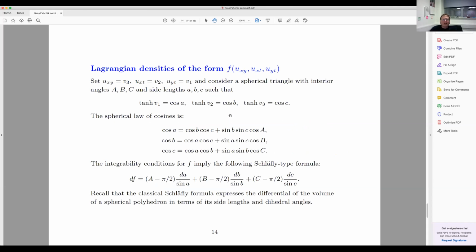Let's look at Lagrangians of this form, which only depend on mixed derivatives, u_xy, u_xt, and u_yt, nothing else. Just this. So u_xx, u_yy, u_tt are not present. All right, so you can calculate integrability conditions for Lagrangians of this form. You get a relatively simple system of PDEs for this function f, which we managed to solve completely. It was not so straightforward, it took us quite some time.